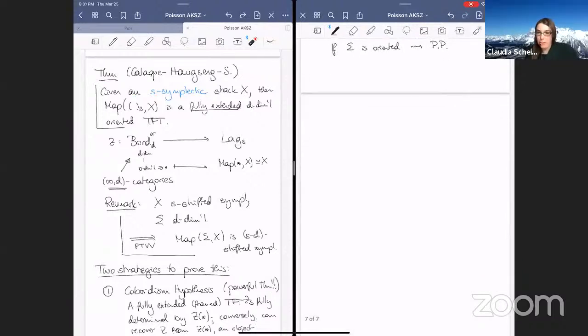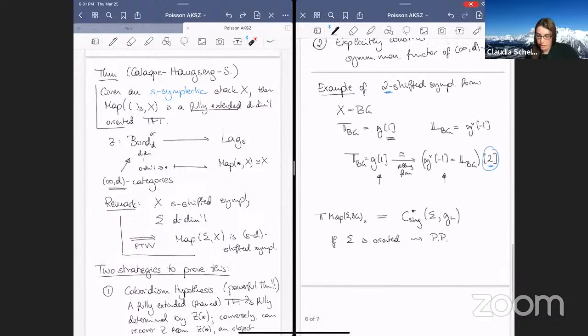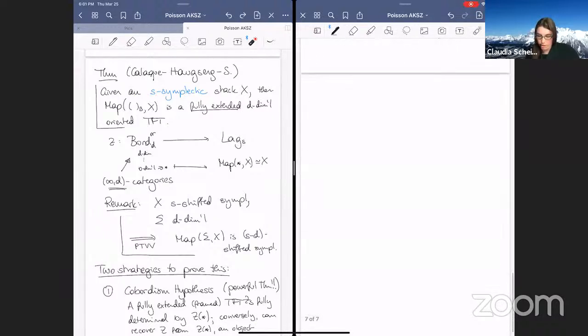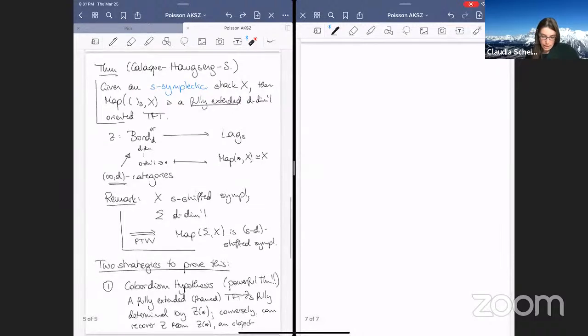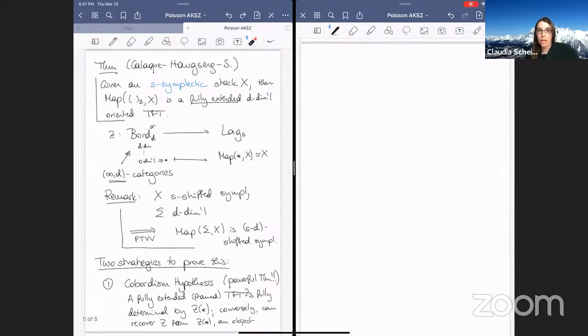All right, how much higher coherence? Well, at the moment, I didn't tell you anything about higher coherence. And I'm going to tell you exactly why higher coherence shows up in a moment. So the naive thing you would like to have if you have a symmetric monoidal functor is, well, if you have a functor, you want that if you take the source and the target, that there are some diagrams that commute.